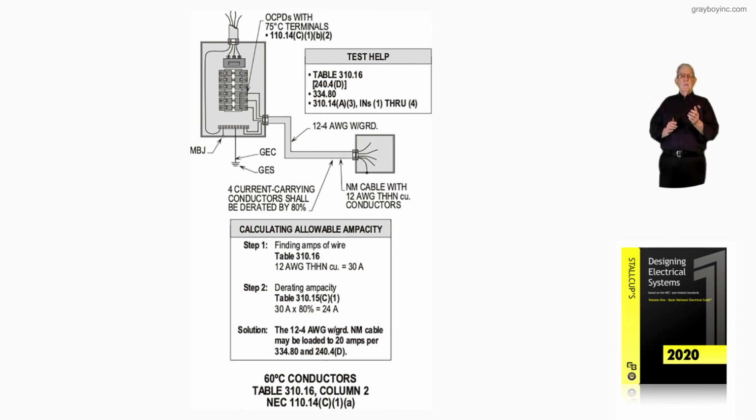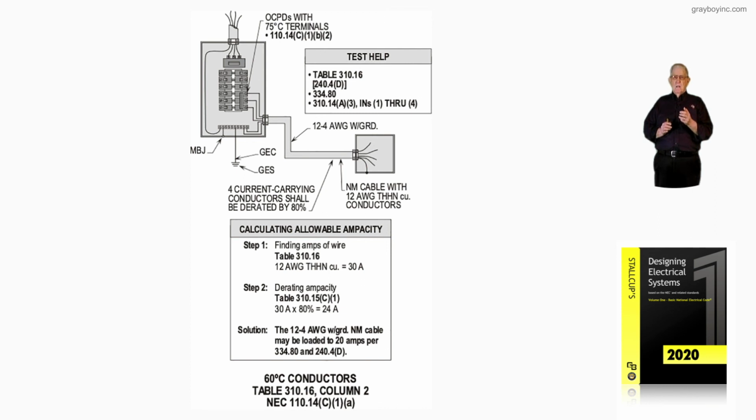And then you would have the 24 amps when you did your 80% derate there for adjustment factors, having more than 3 current carrying conductors in the raceway.